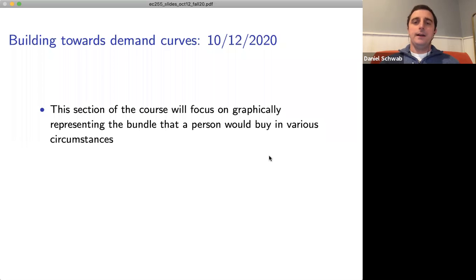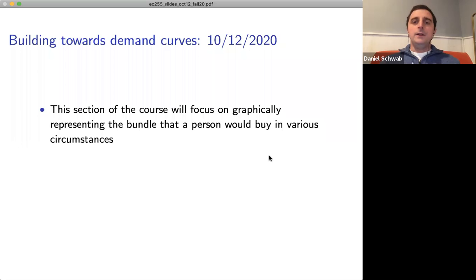And then you can move towards showing those kinds of preferences and the kinds of bundles that a person would buy, by using something like a demand curve or some other kinds of curves, which we looked at briefly before the first midterm, and we'll pick back up with that right now.